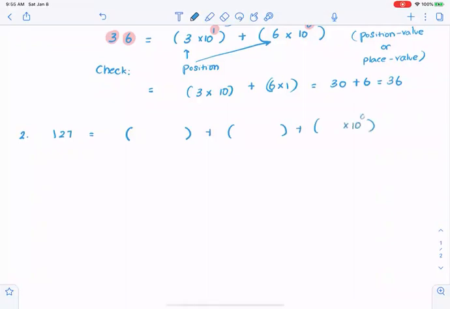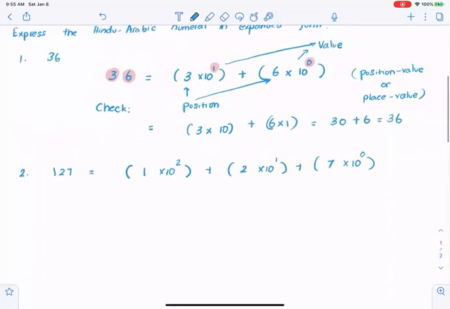Start with 10 raised 0, 10 raised 1, 10 raised 2, and the corresponding positions have values 7, 2, and 1. So we have the position and we have the values. Position would be 10 raised 0, 10 raised 1, 10 raised 2. The values would be 7, 2, and 1 in each of those positions.